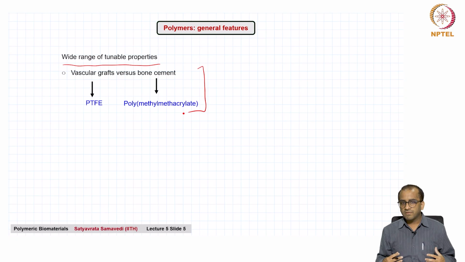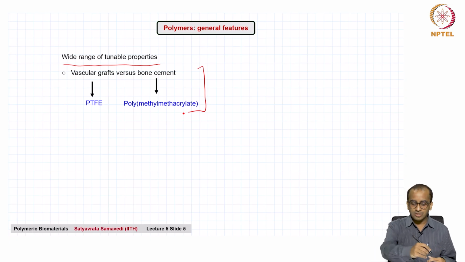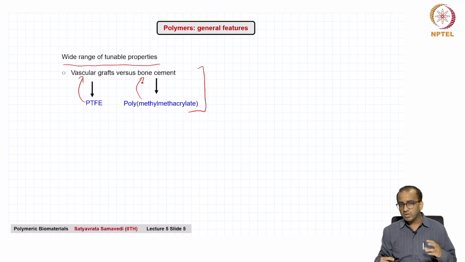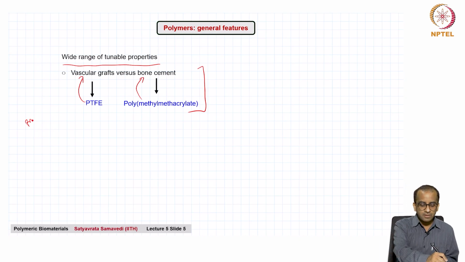And because they have very different properties, that also determines in what kind of applications they can be used. So, now you already see that there is a very specific relationship between the property of the material and the application.